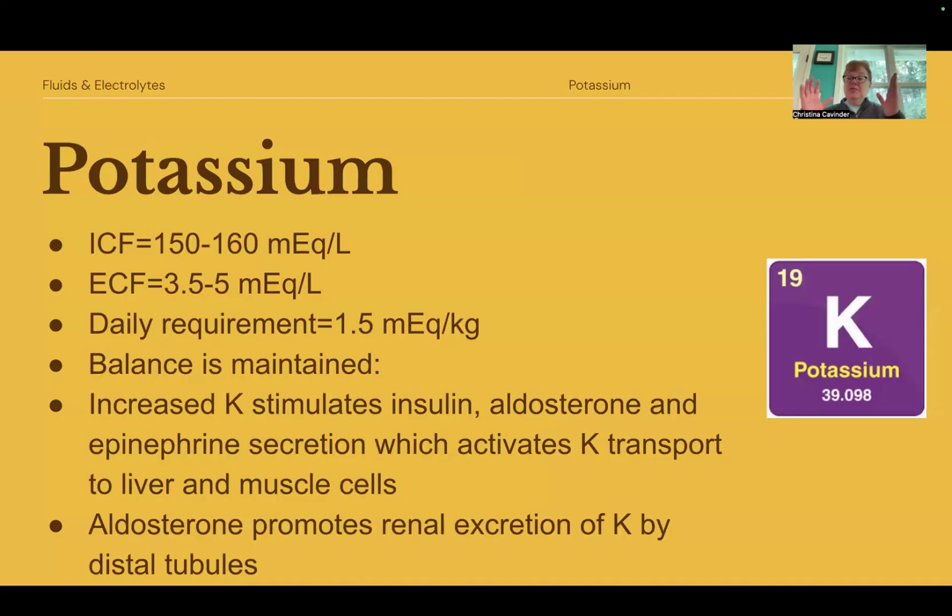The exchange of potassium and sodium, which I gave you a video to watch, is the ATPase pump. It will pump potassium into the cell and sodium out of the cell to maintain that balance. So the balance is stimulated by insulin, aldosterone, and epinephrine. Aldosterone promotes renal excretion of potassium by the distal tubules.